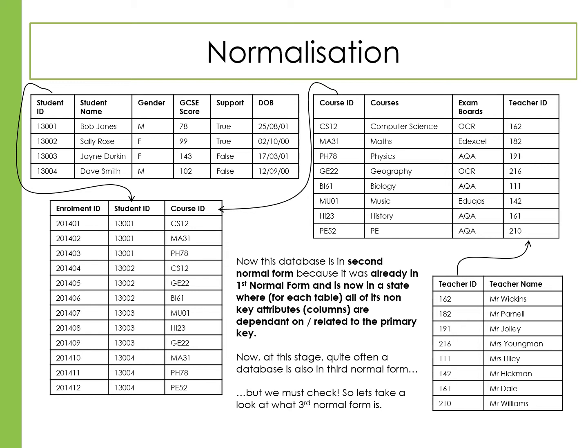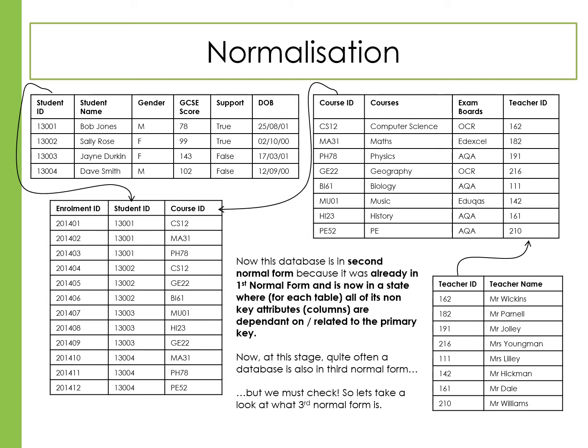So you can see what we've actually done here. We've decided to use a separate table for the teachers. So we've removed the teacher name from the course and we've just put the teacher ID into this table. We've got a new table called teacher ID with teacher name in there as well.